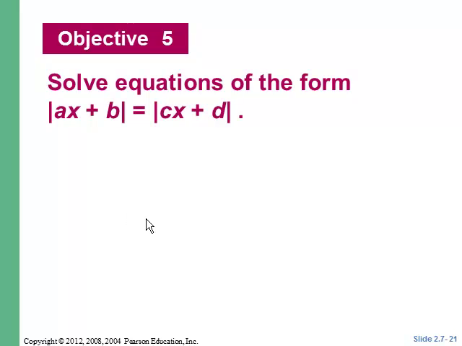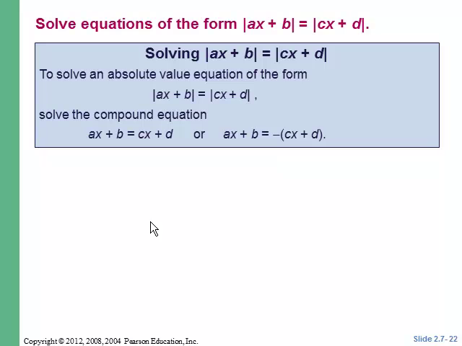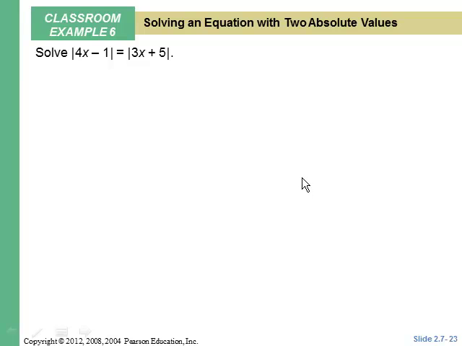Now we've got an absolute value on each side. If that's the case, then notice we're going to rewrite it and put a negative sign in front of the absolute value on the left-hand side. Okay. So we've got an absolute value on each side. Our first case is 4x minus 1 equals 3x plus 5.